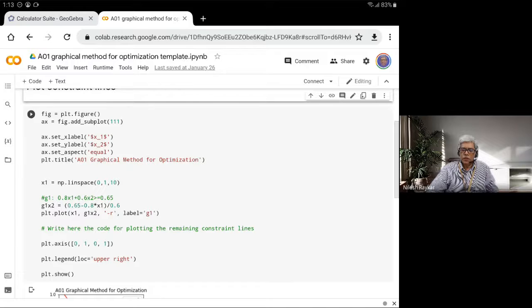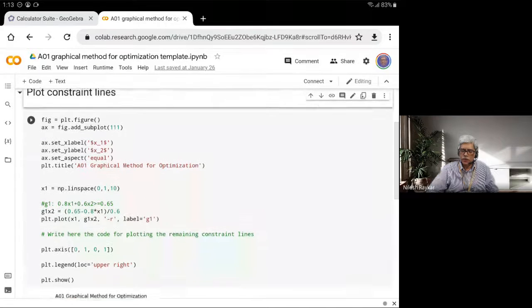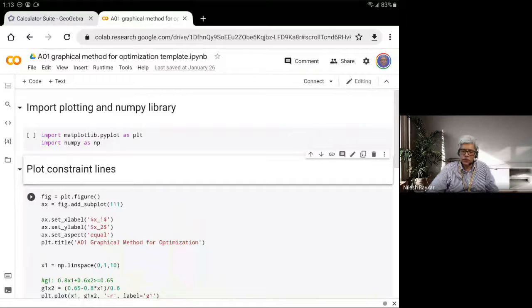I will stop sharing my screen because I don't think it is of much use. If you have any problem in loading this sheet, I will keep my screen open for demonstration. So if you are facing any problem, just tell me so that I can demonstrate how to load the file and so on.